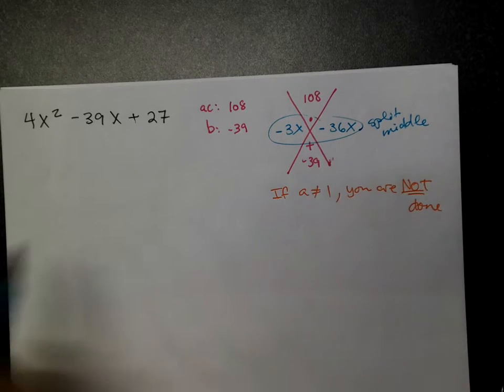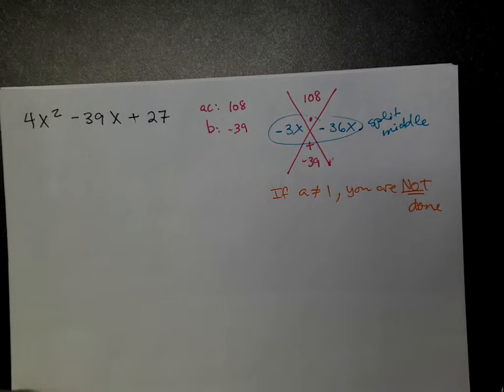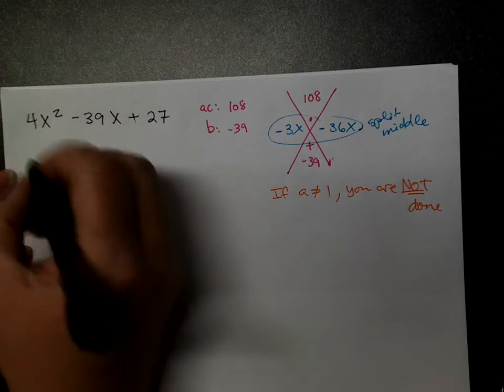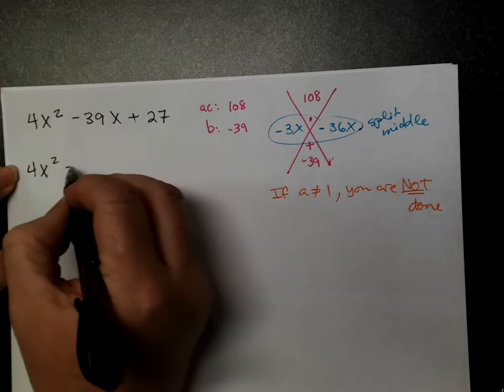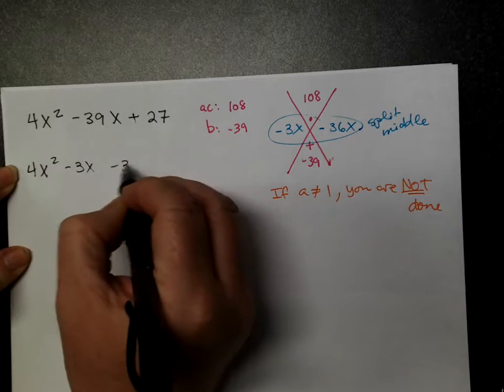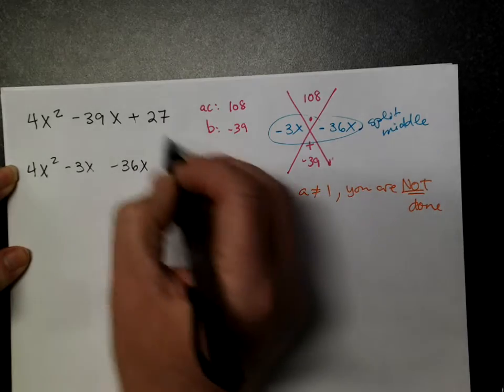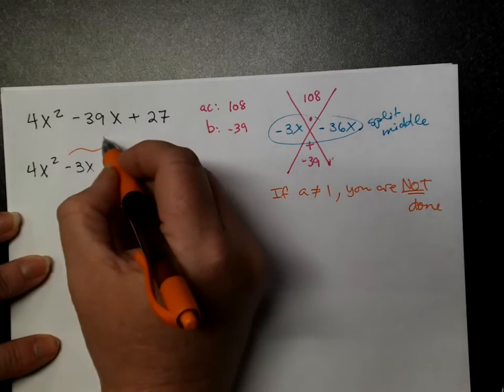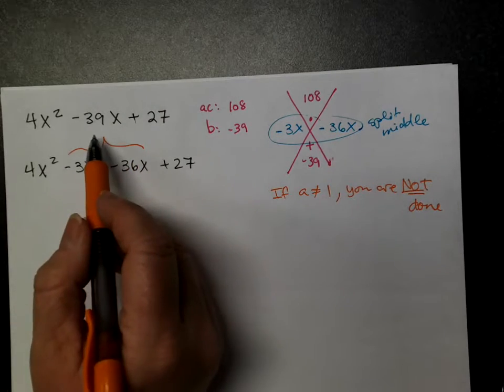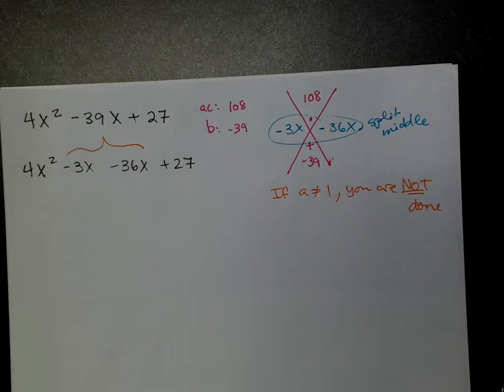Now they're both negative, so it doesn't matter which one you use first. This is what you have to be careful about with the four-term grouping. Remember, 4x squared, let's do minus 3x minus 36x plus 27. Do a quick check that negative 3x plus negative 36x equals negative 39x. I didn't change the value of my trinomial. I just turned it into a four-term in a fair way using my ACB crunch.